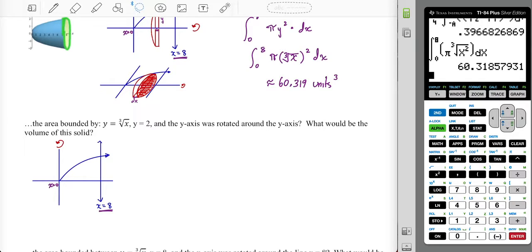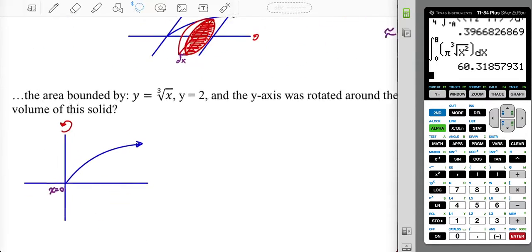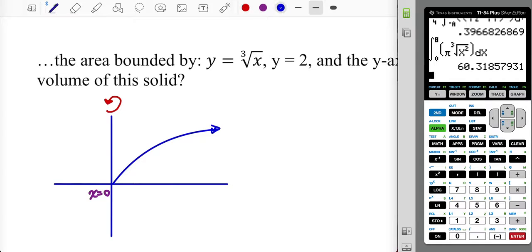And so what we want to do is spin this region, and we're done with the x equals 8 also. Which region are you talking about? This region, because now we're going to incorporate the y equals 2.